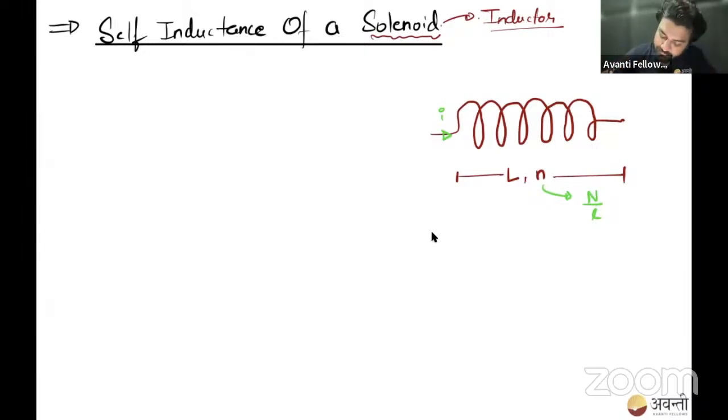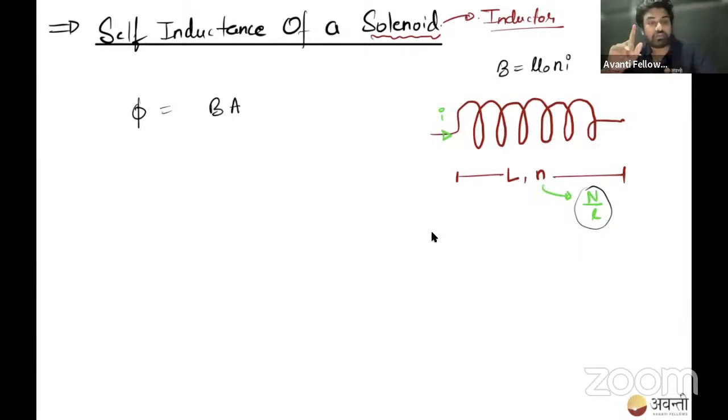So what is the magnetic field, if you remember? B is equal to mu naught n i, small n. And what is small n? Small n is capital N upon small l. Okay, so this is the magnetic field. Now, if I want phi, that is equal to BA. This is for one coil. If I take N number of coils, it will be NBA. Correct?